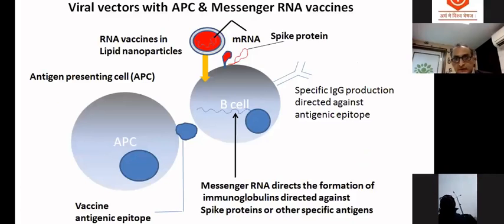But lately, for the last 20 years or so, we have had DNA recombinant vaccines or RNA recombinant vaccines. And lately, we have heard this term, the messenger RNA vaccines. There are a lot of viral vector vaccines. Adenoviruses are used as vectors to produce vaccines. In the same way, there's a newer technology called messenger RNA vaccines.